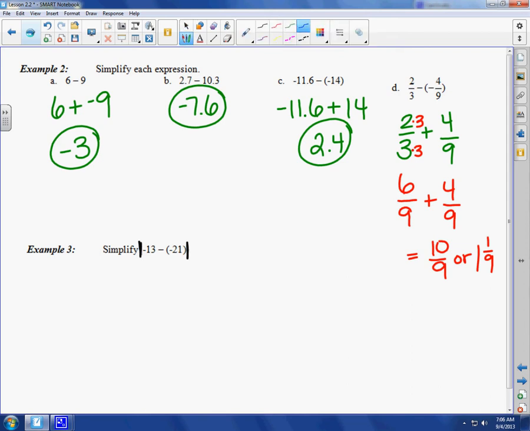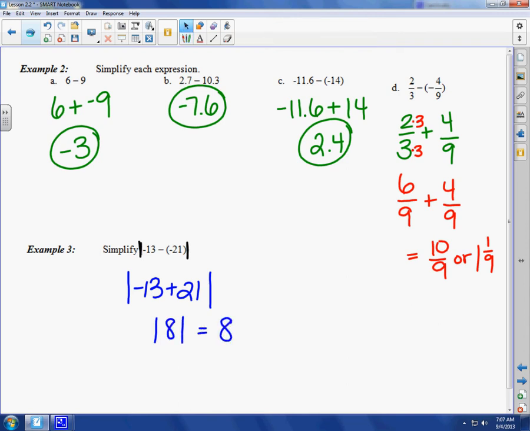Okay, simplify the absolute value of -3 minus -21. So I'm going to do what's inside the absolute value first. So I'm going to do -13 plus 21. So then if you just do that on your calculator or in your head, you get 8. And then the absolute value of 8 is 8. It's just how far from 0 is it on a number line.